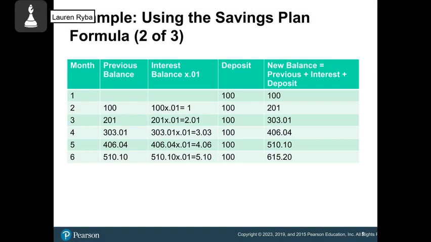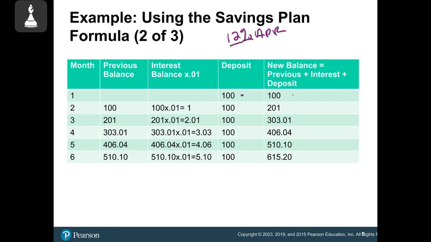So let's take a look at the table here. In the first month, you're going to deposit your $100. And then here is your balance at the end of the month, $100. In month 2, you will earn interest on that $100 that is sitting in the bank. So we had 12% APR.